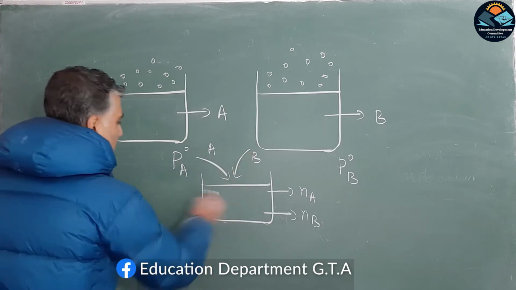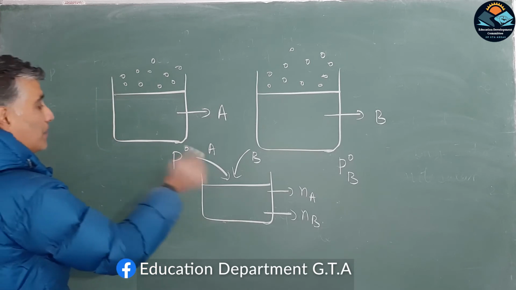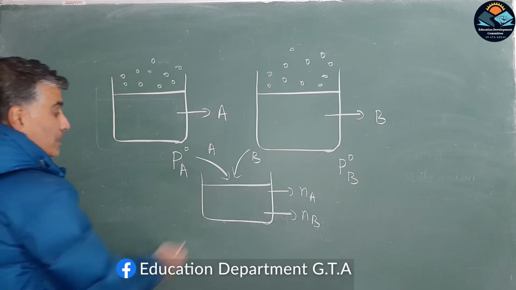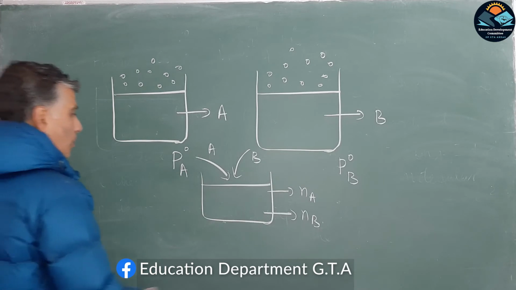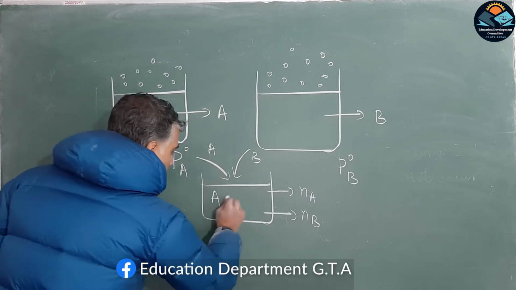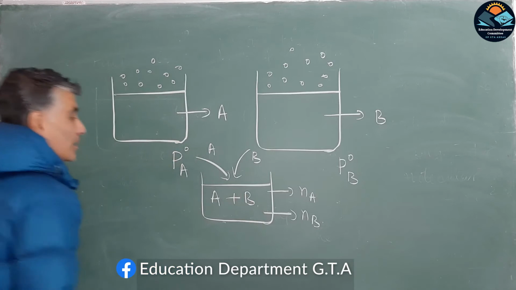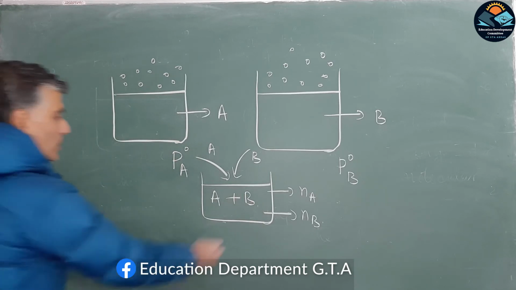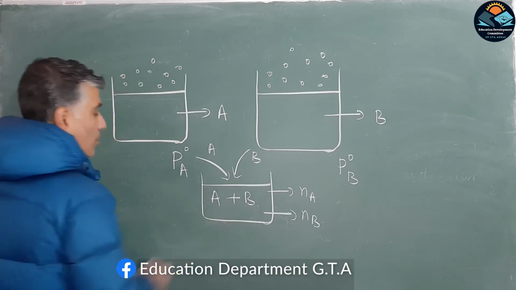So now this is a mixture. It's a solution of A and B, and because of that, it is impure. So for A, B acts as an impurity. Because of B, the vapor pressure of A will be less.